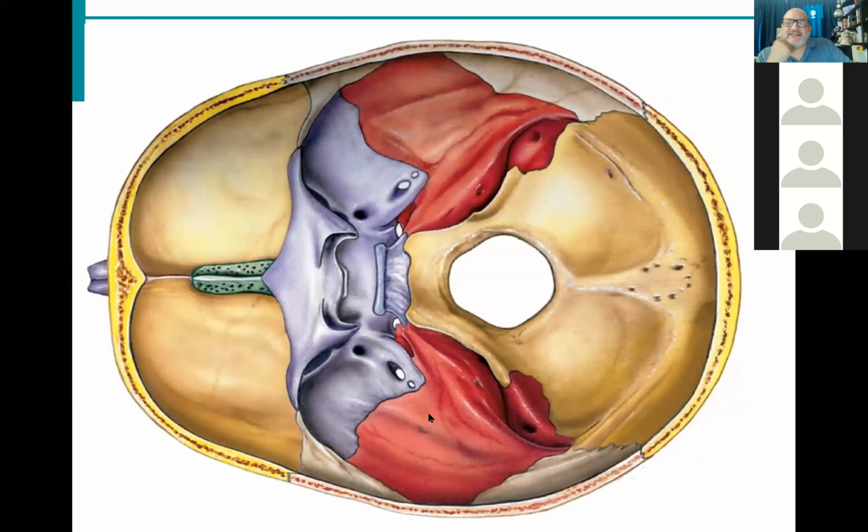If we look at the inside of the skull, do we see the stylomastoid foramen? No. But if you do remember, there is an opening right here on the side of the temporal bone known as the internal auditory meatus or canal.